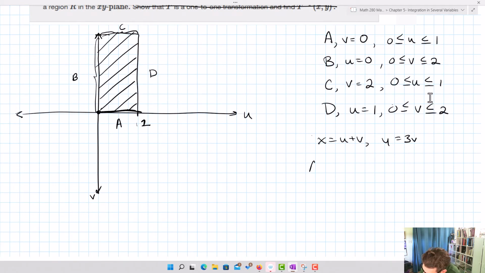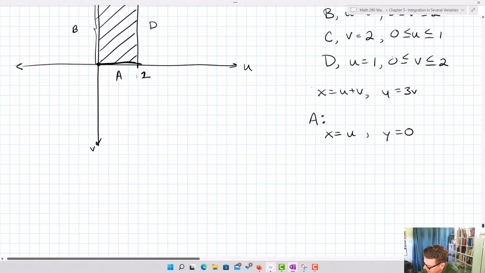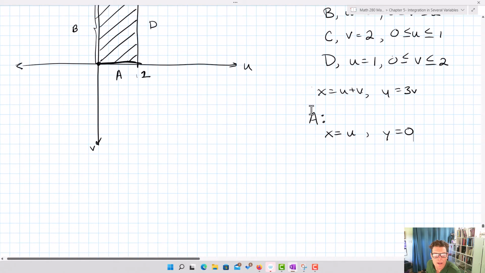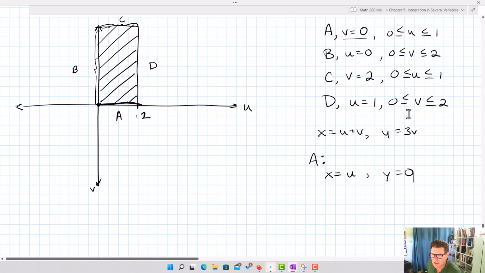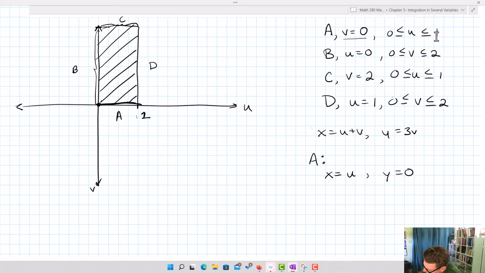So A, where V equals 0, is going to have X equals U plus 0, so X equals U, and Y equals 0. So Y equals 0, meaning that it's on the x-axis. U goes from 0 to 1, so X is going to be greater than or equal to 0 and less than or equal to 1.